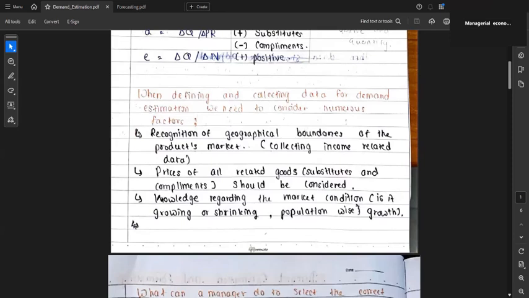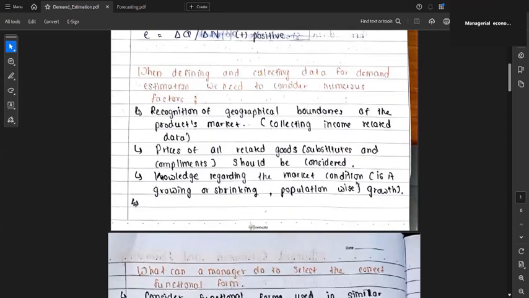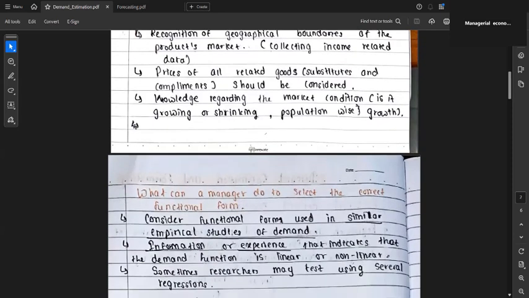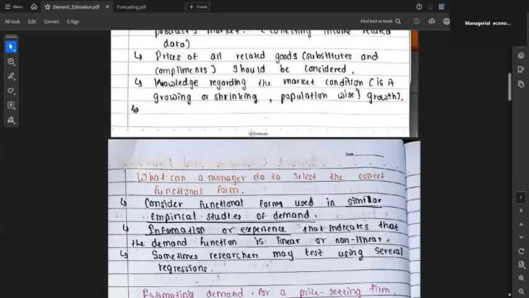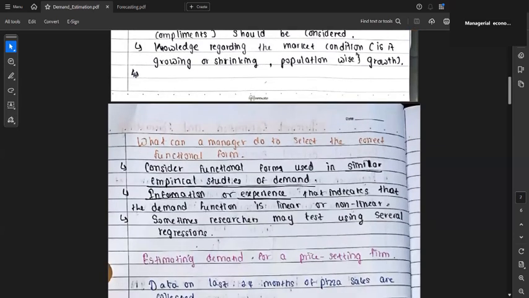The economic condition has a certain impact on some of these factors. The income and the population growth depend on economic factors. So the market condition, the economic state, should also be considered when estimating the demand function.